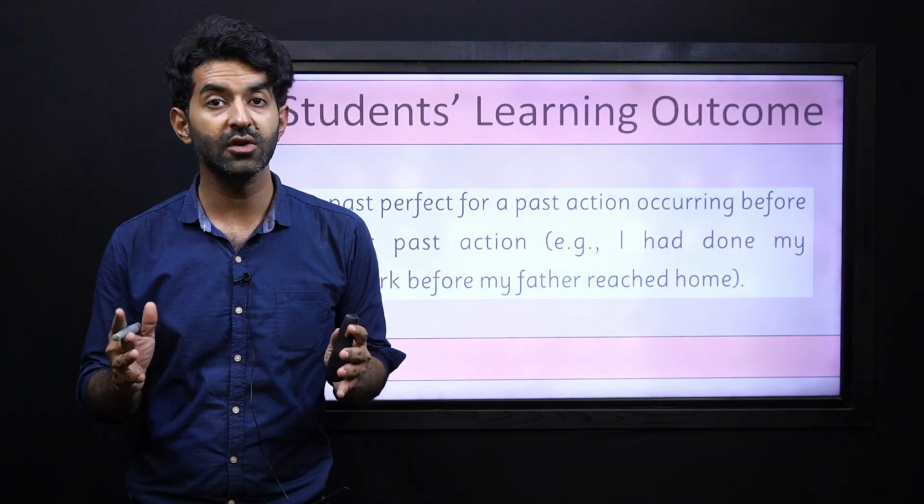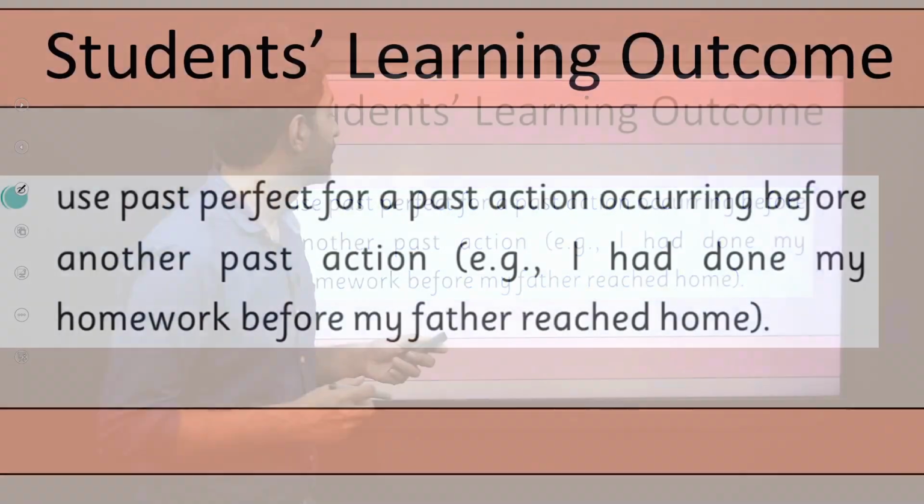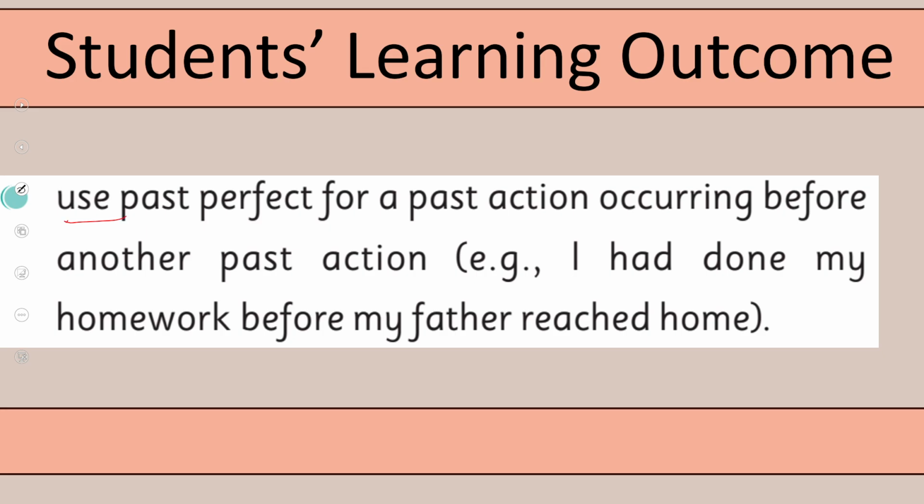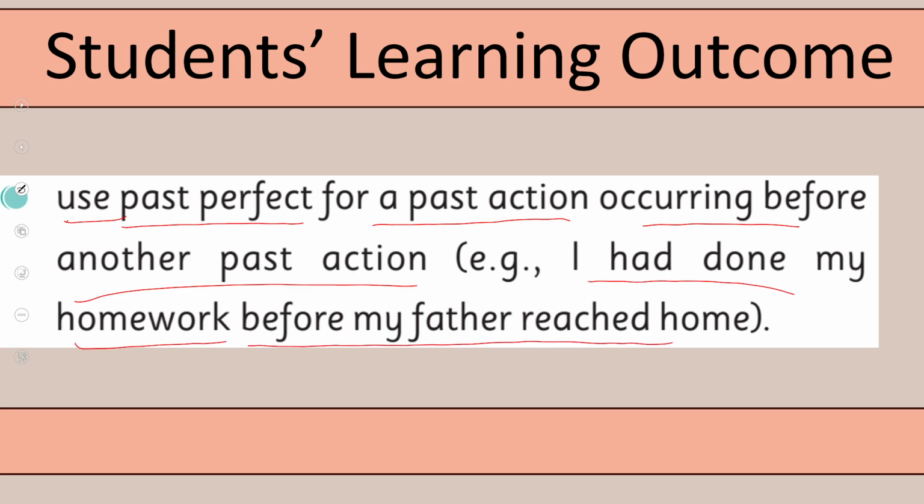Now let's read our students' learning outcome. It says, use past perfect for a past action occurring before another past action. For example, I had done my homework before my father reached home. Now, here, let's see that again.